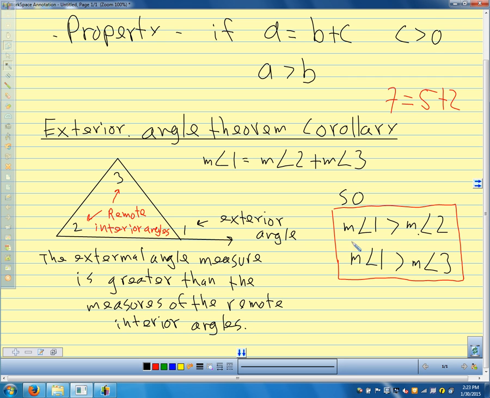So that's what we said over here. Measure of angle 1 is bigger than measure of angle 2, and the measure of angle 1 is also bigger than the measure of angle 3. So that's one inequality in a triangle. It's not the triangle inequality, but it's one that we can talk about and we can use.